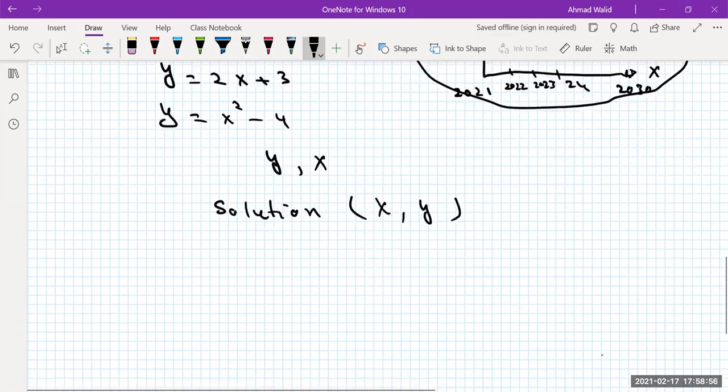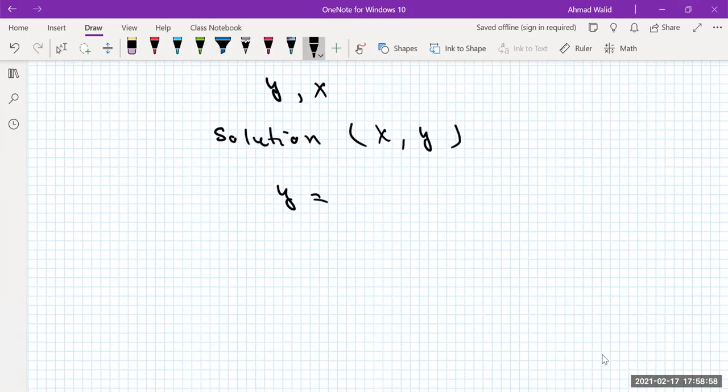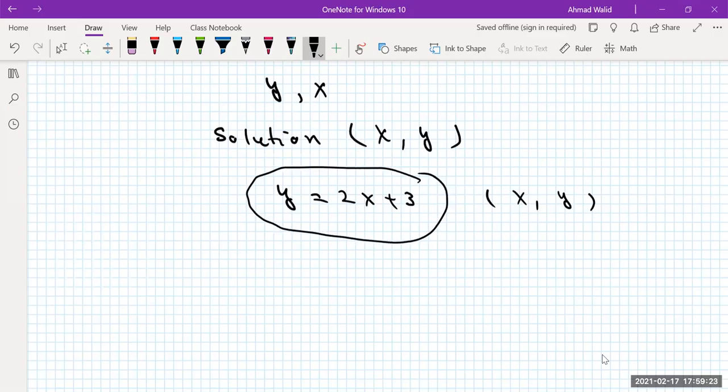When your equation has two variables, for example, Y equals X plus 3, if I want to solve this equation, I will get an ordered pair of what? X, Y. An equation in two variables can have infinitely many solutions in this form that I'm writing right now for you.